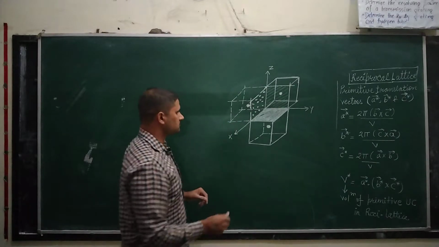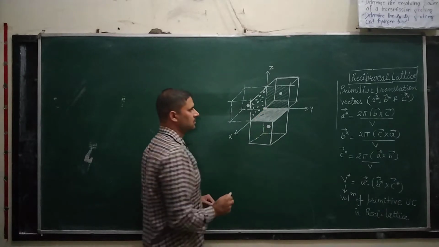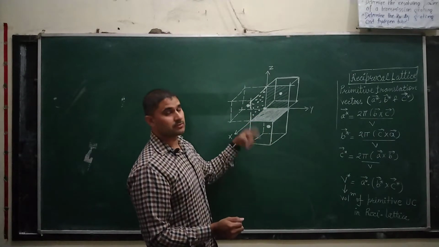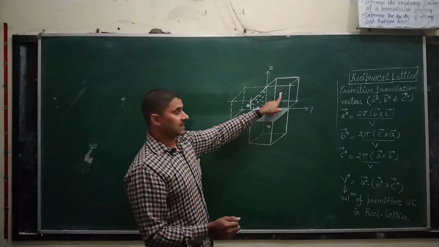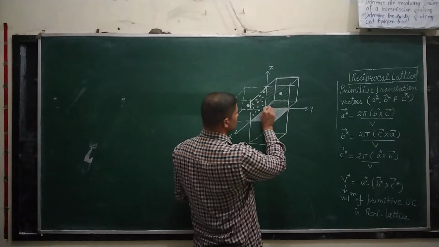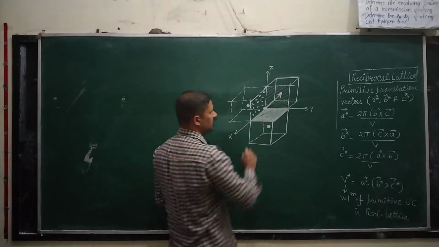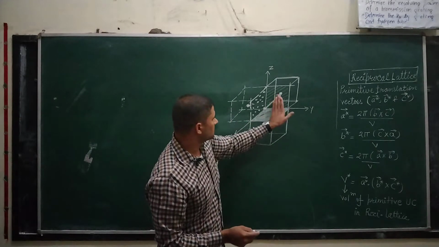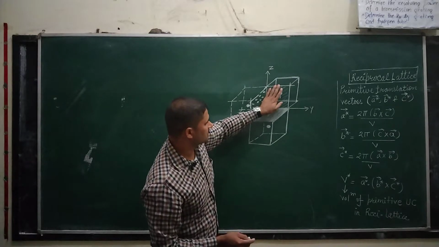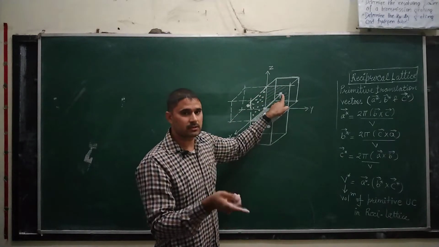Now think, if this is the center, this is the origin, then what will be the translation vector joining the lattice point of this particle? You can see this cube is behind this face which is in the YZ plane, and this particle is present in the middle.